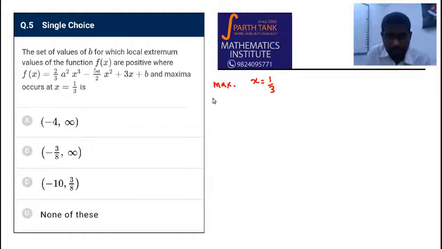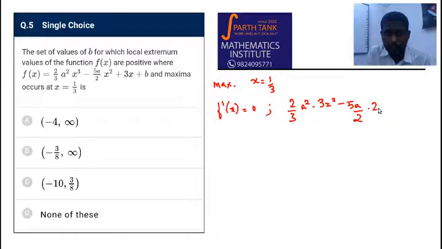Now let us quickly see what happens. For local extremum f dash should be 0, that would give me 2 by 3 a squared into 3x squared minus 5a by 2 into 2x plus 3 is 0, or 2a squared x squared minus 5ax plus 3 is 0. Correct? Now this can be factorized easily.